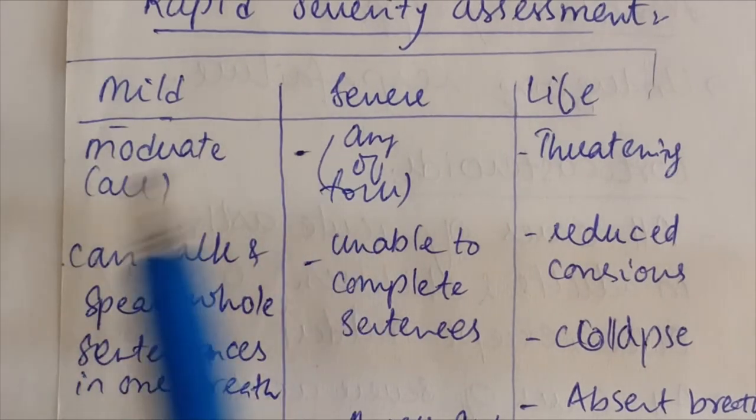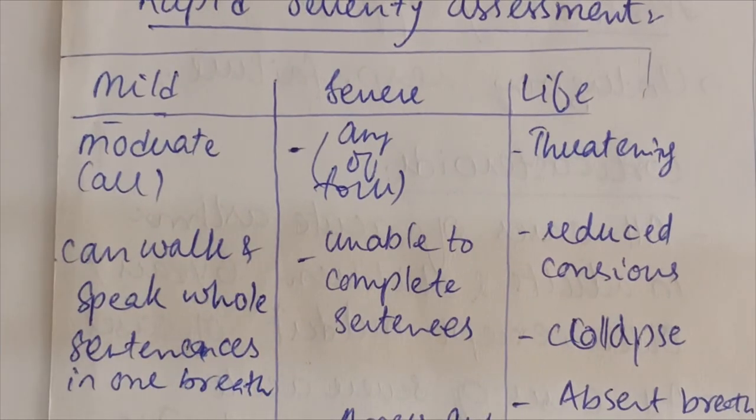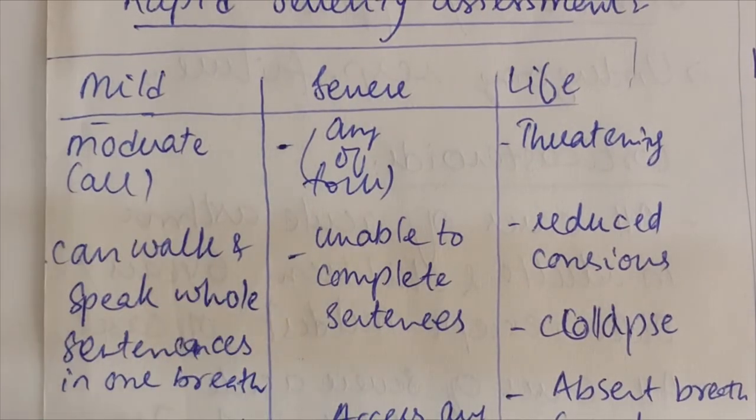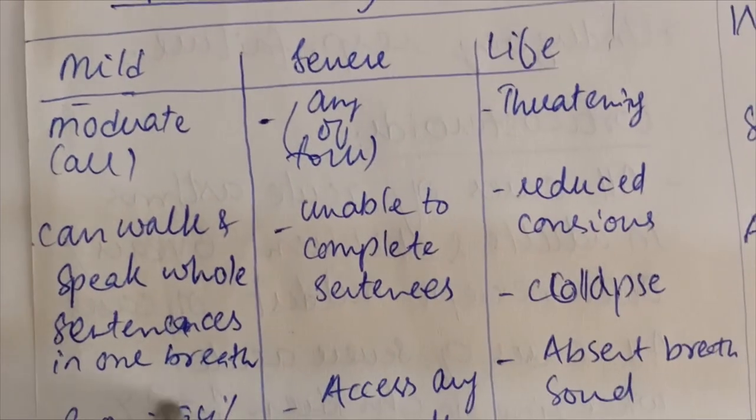In mild to moderate asthma exacerbation, the patient would have all of the following: the patient can walk and speak whole sentences in one breath, and SpO2 would be more than 94%.